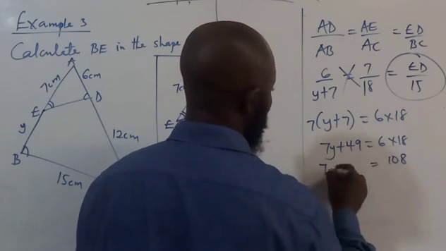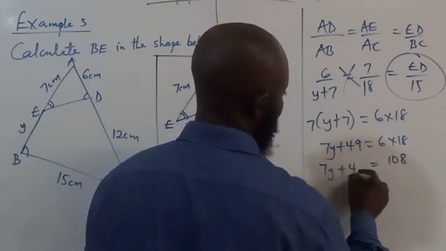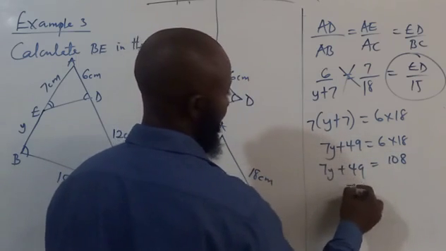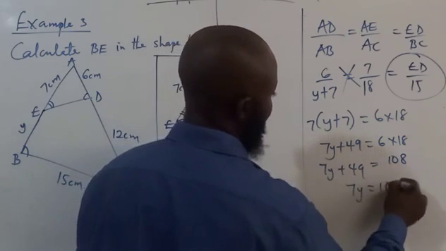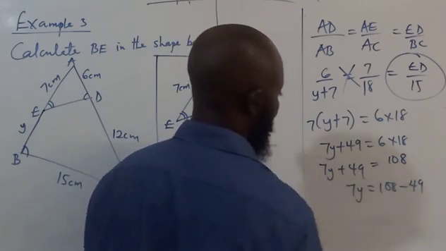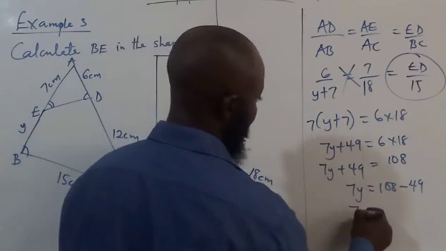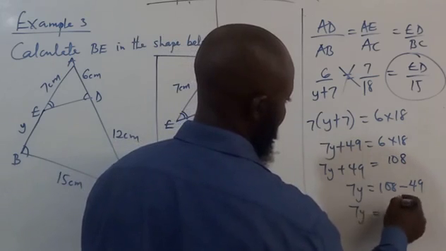So 7Y plus 49. Then we have 7Y equals 108 minus 49.